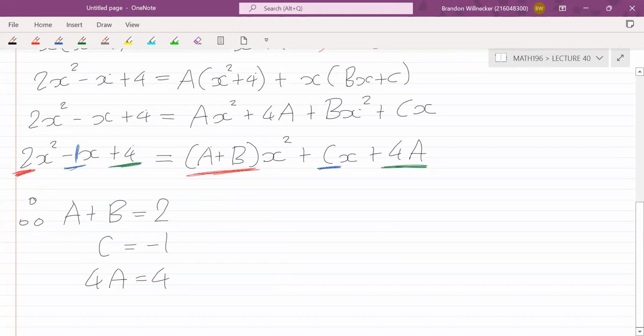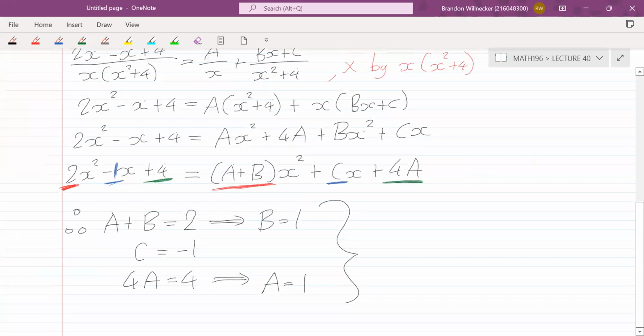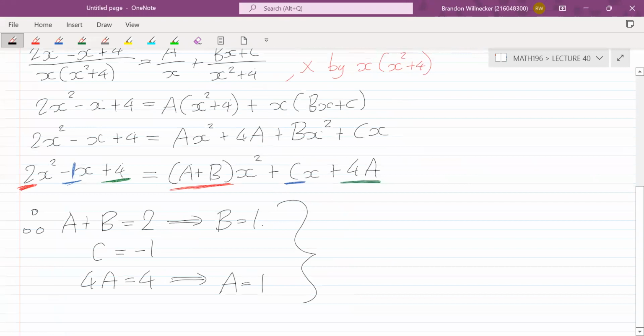If 4A is equal to 4, that means A is equal to 1. And if A is equal to 1, then B is also equal to 1. So altogether, A is 1, B is 1, and C is −1. So we found our coefficients.